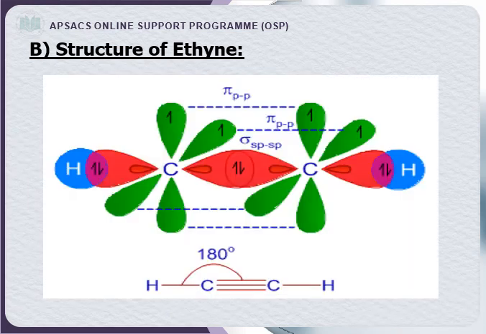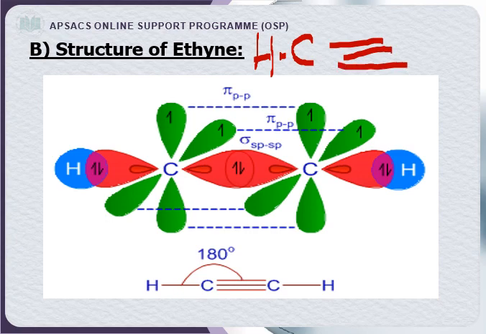Right? Now here the structure of ethyne is explained on the basis of sp hybridization. The ethyne molecule can be given like this. It is arranged in this way that carbon to hydrogen 1 bond, carbon to carbon there is a triple bond, and another carbon to hydrogen bond is present, as it is given below.